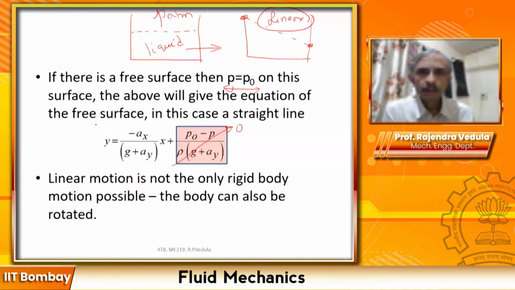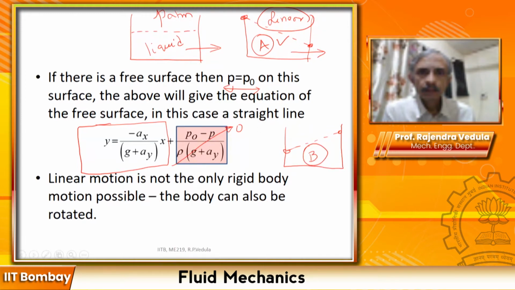This is the equation of a straight line. When the vessel is moving like this, I am drawing the profile like that. Is it possible that the profile is like this? Let me say this is A, this is B. Which is the correct profile?